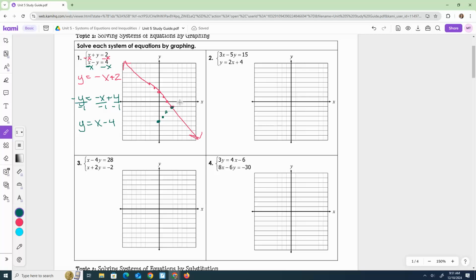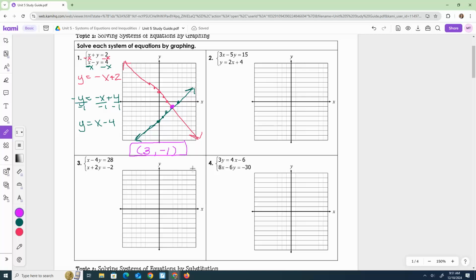Up 1 over 1. And then, I've had people that do the whole graph correct, but then forget to answer the question. What am I asking you to find? Yeah, this point where they meet. So xy, so the x is 3 and the y is negative 1.